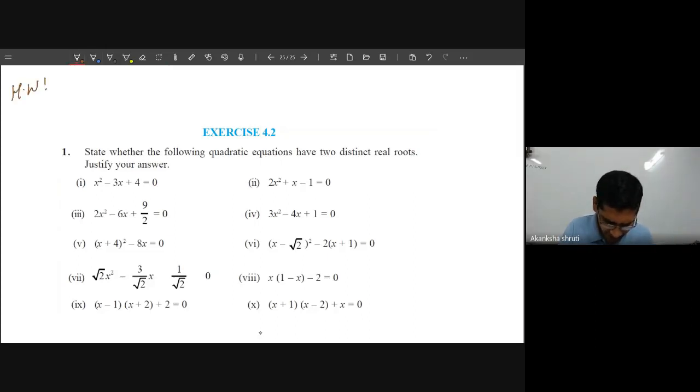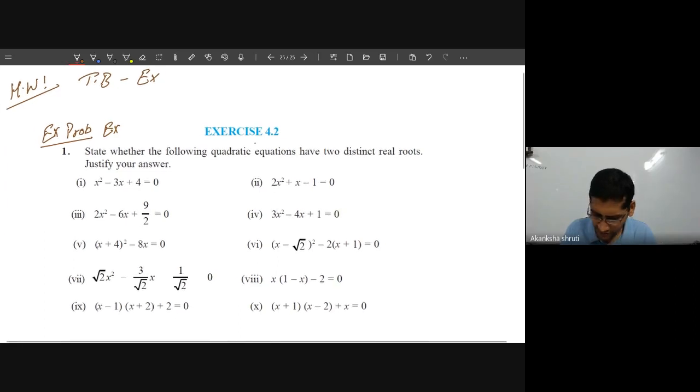So write down the homework. Our textbook exercise, and this is our exemplar problem exercise. This is our exercise 4.2. So 4.1 you have to do also. 4.1 was very easy.